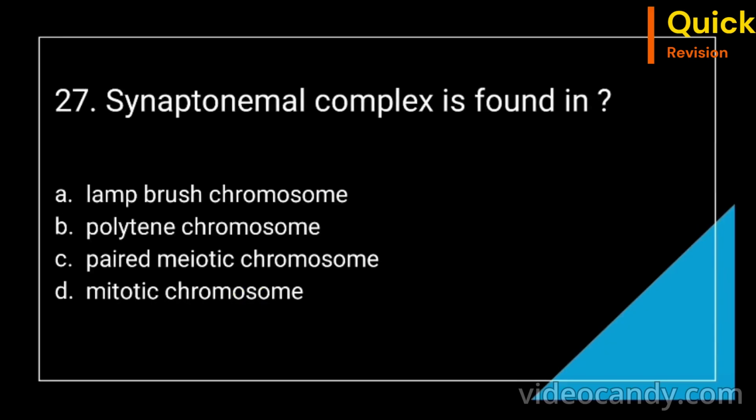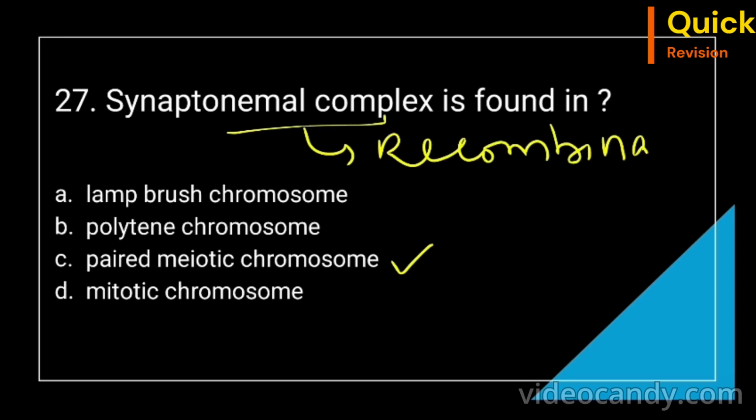Synaptonemal complex is found in lampbrush chromosome, polytene chromosome, paired meiotic chromosome, mitotic chromosome. The correct answer is paired meiotic chromosome, because this complex is required for recombination. You can see the recombination in the meiosis. So the option will be number C.